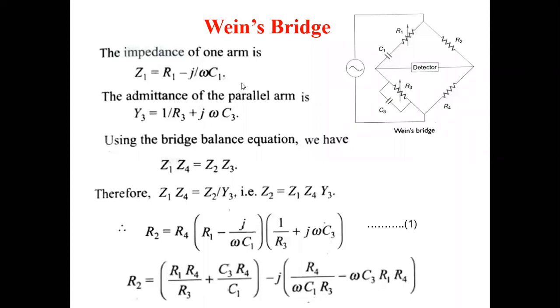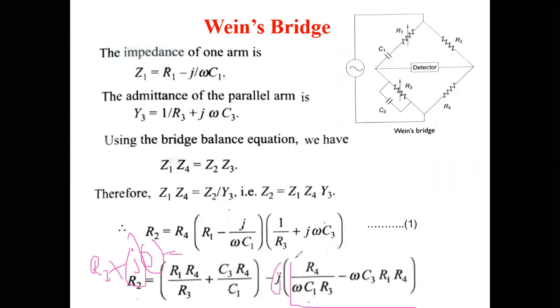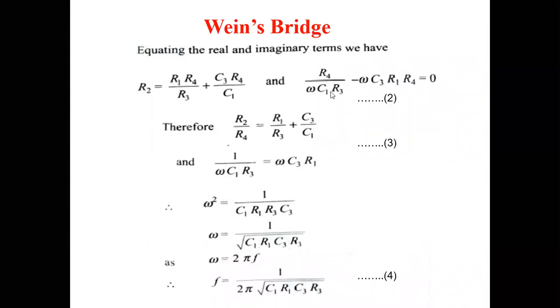So the j term, the 0, should be equal to the second term, that is R4 by omega C1 R3 minus omega C3 R1 R4 is equal to 0.